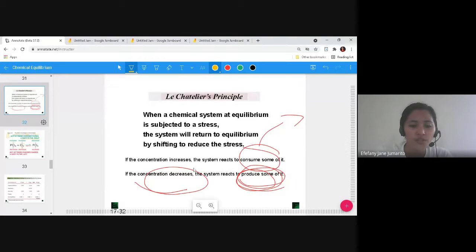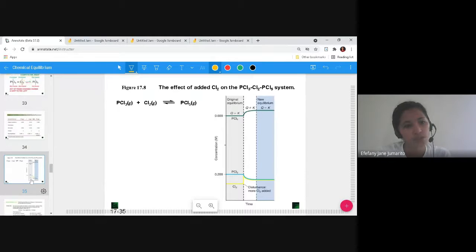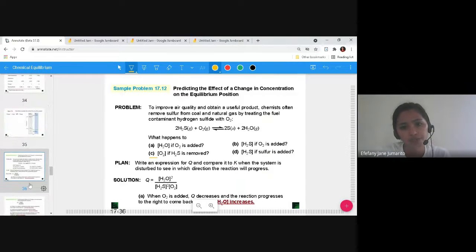You stick to this law: if the concentration increases, the system reacts to consume some of it, so it will move in the direction different from the example you based on. If you decrease the concentration, the system will help produce some of it, so it will move toward the direction where it was lost.